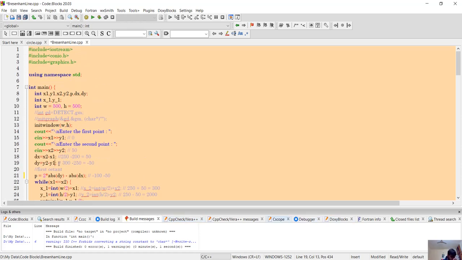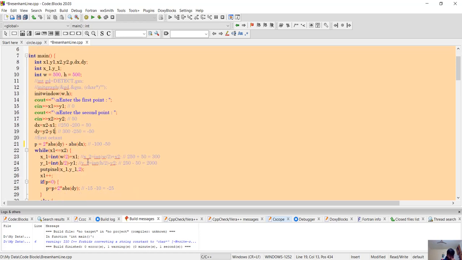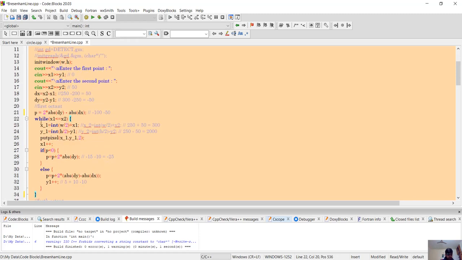So as you can see, I have taken the slope first. Then p takes the absolute value, this is for our initial p. This is our initial p, so the p starts from here. And we actually use a while loop because in this our x is always increasing.